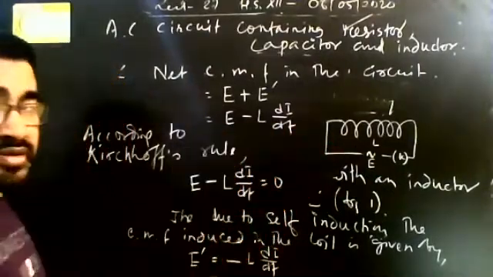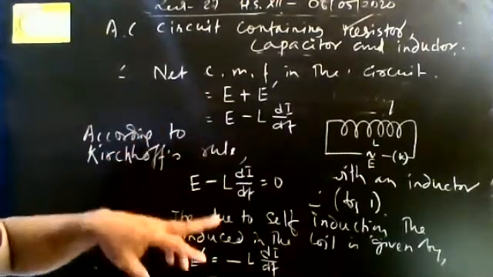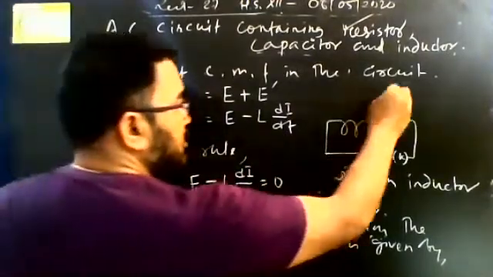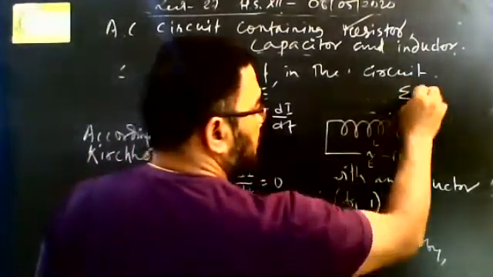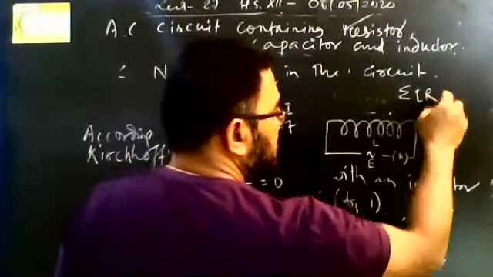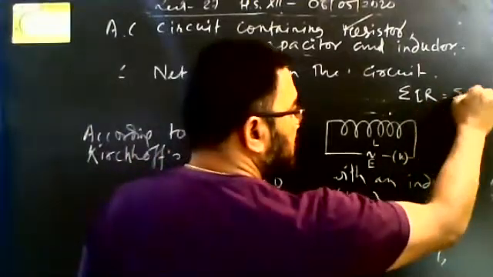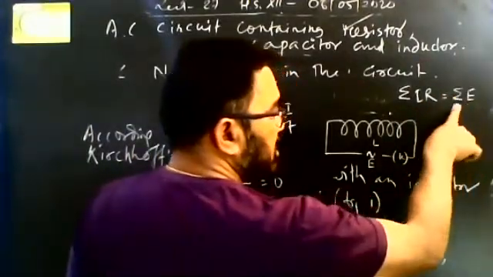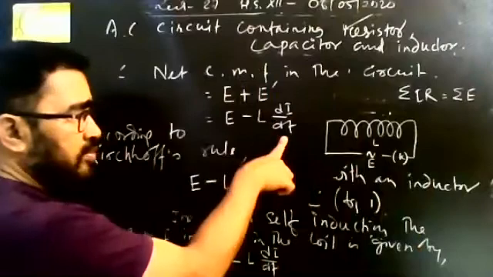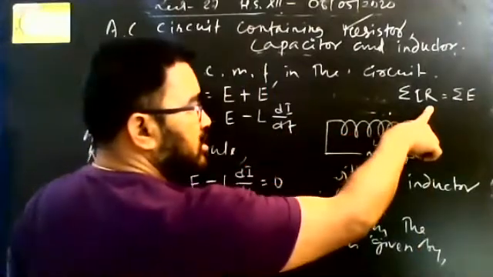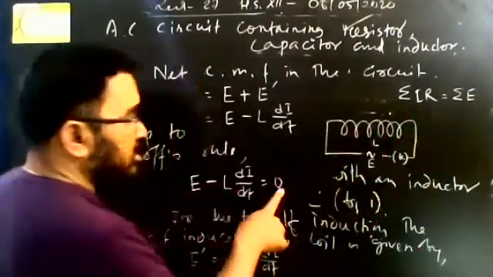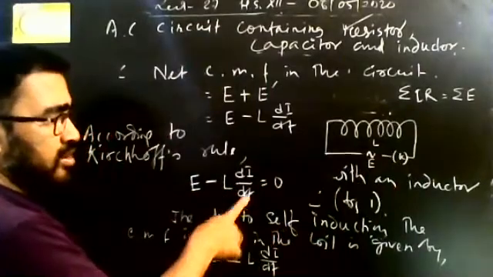What is Kirchhoff's second rule? The second rule is that the product of current and resistance, or voltage drop in each branch, is equal to the algebraic sum of the EMFs. Here only EMFs are there, no resistor. That is why this side is 0. Only EMF is there, right?